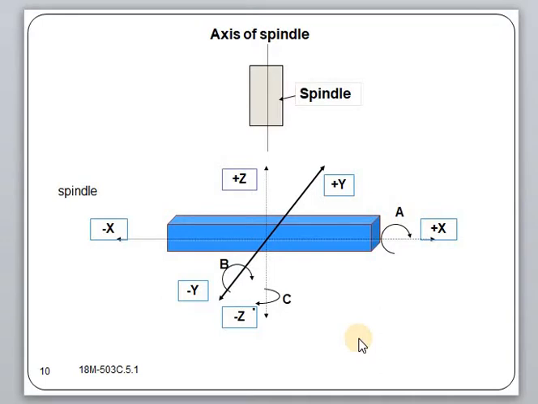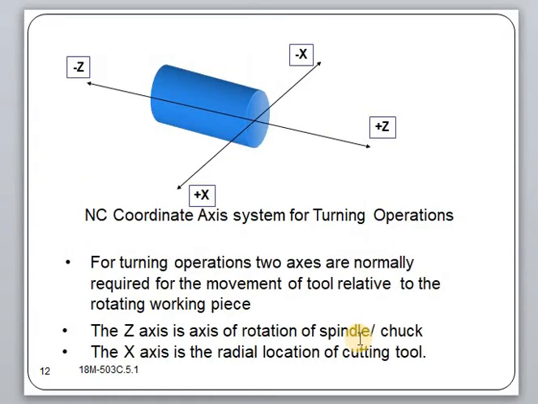And for turning operations, 2 axes are normally all that are required to command the movement of the tool relative to the rotating workpiece. Let me show you that picture. The Z-axis is the axis of rotation of the work part, and the X-axis defines the radial location of the cutting tool.